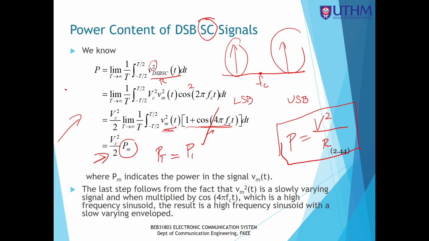That one is the total power for the double sideband suppressed carrier, because it only contains sideband component without the carrier. Okay, because the carrier has been suppressed. So actually this is like this. Dia seperti ini. Later we're gonna see about this, so don't worry about that.